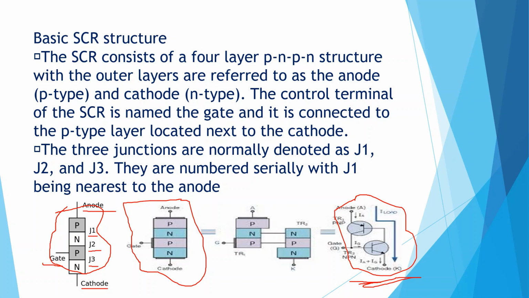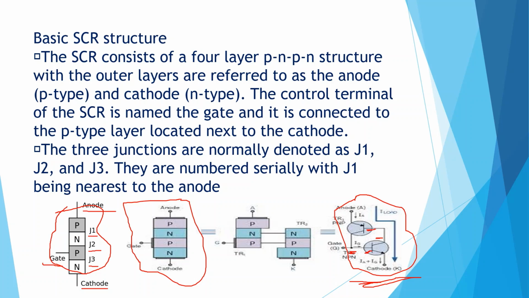As seen, the first transistor is a PNP transistor, whereas the second transistor is an NPN transistor, interconnected together. It will also be noted that the collector current of the first transistor is the base current for the second, and the collector current of the second transistor is the base current of the first.